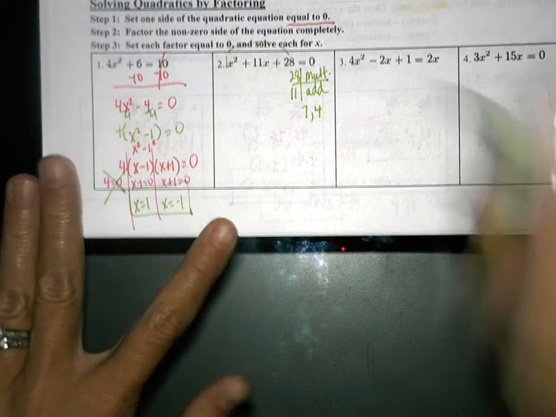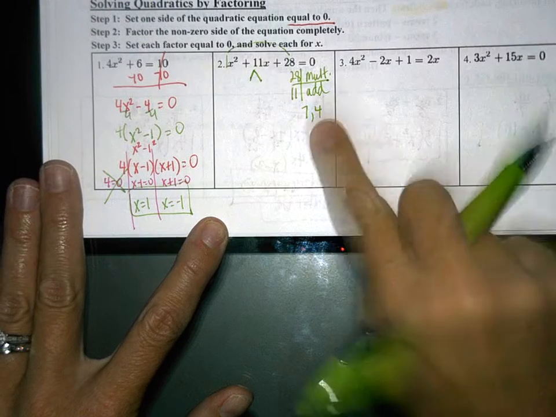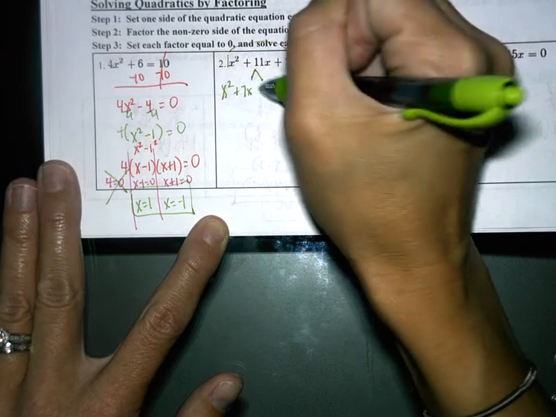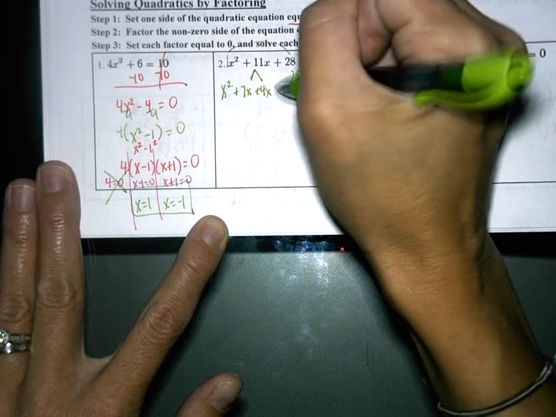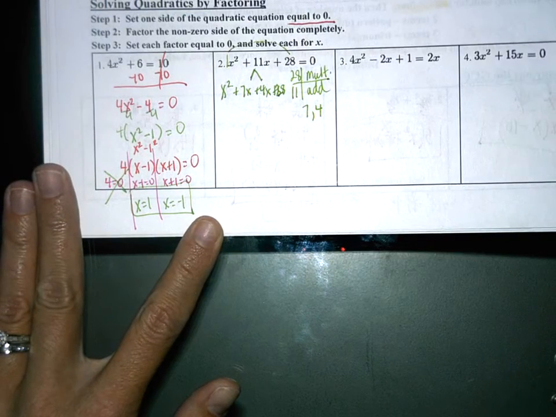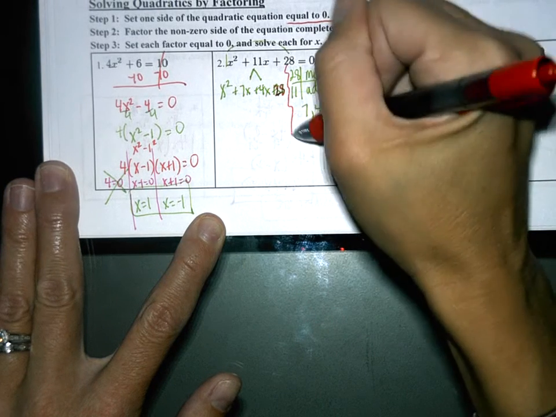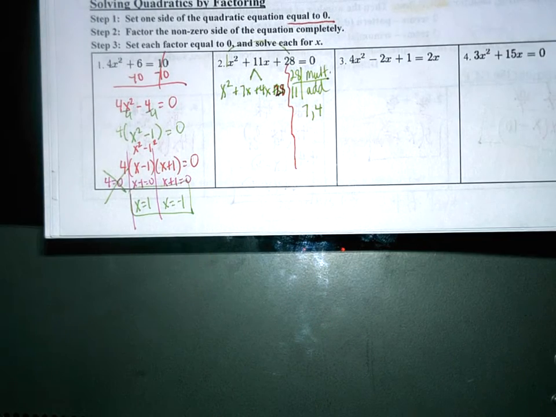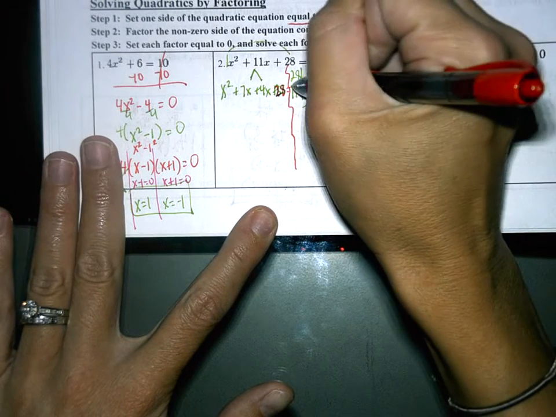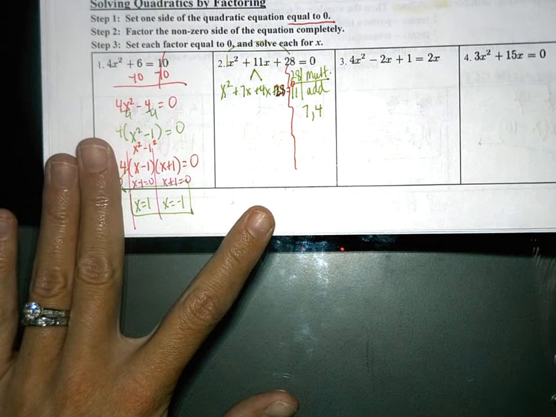Okay, so remember that we end up breaking this into our 7x plus 4x. So I have x squared plus 7x plus 4x plus 28. So far, so good? And this is still equal to 0. Just running out of space.